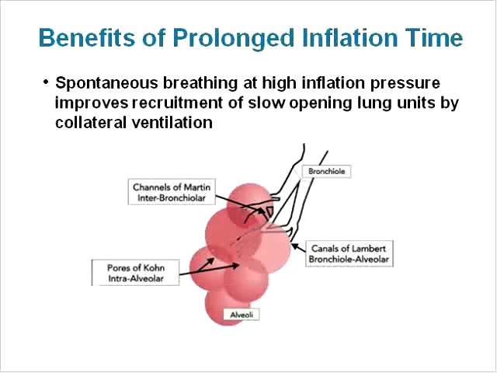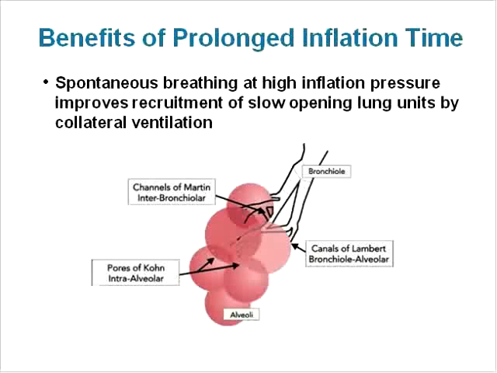The benefits of a prolonged inflation time, or T high, can be appreciated when we consider the uneven distribution of lung pathology in ARDS. Lung units with reduced compliance have short time constants, inflating and deflating rapidly. Lung units with normal compliance and perhaps increased resistance to secretions have relatively long time constants, inflating and deflating slowly.